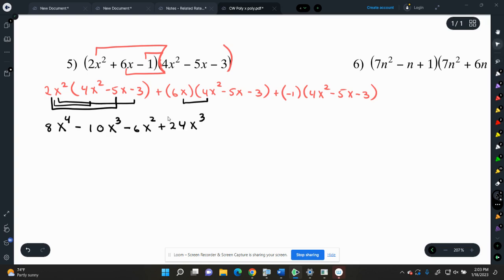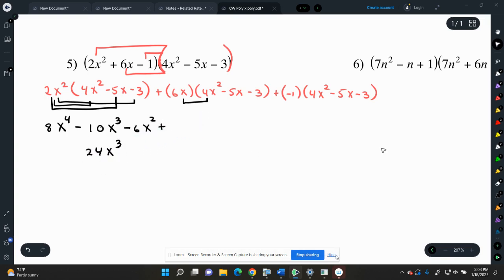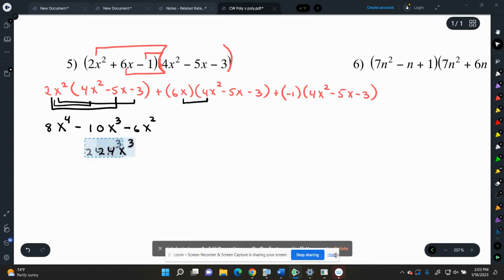Now you can either just keep writing it in a row like this, or you can line them up like that. It's up to you which one's more comfortable for you. Since we've been lining them up, I'm going to go ahead and show you just writing it in a row instead.